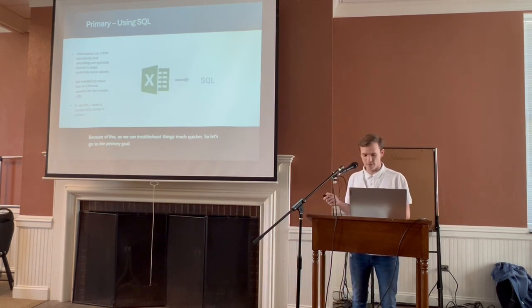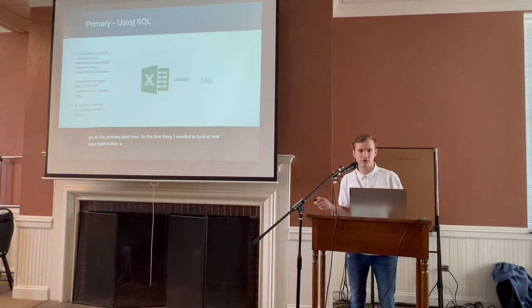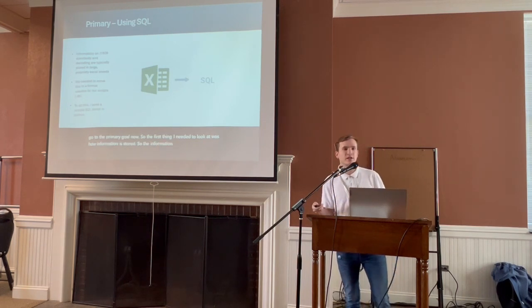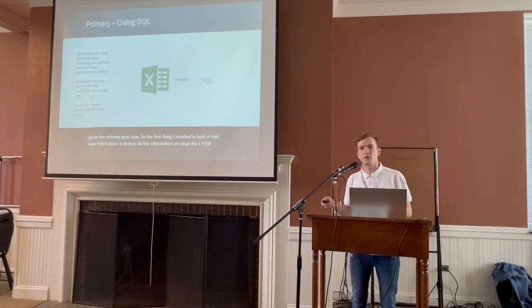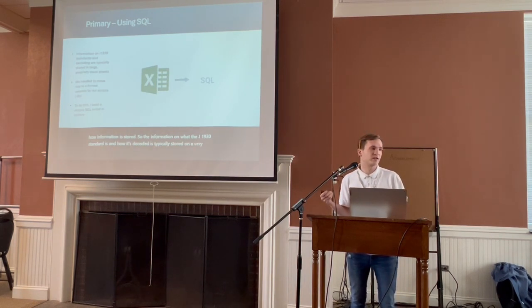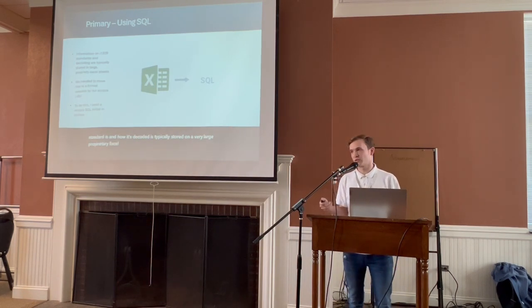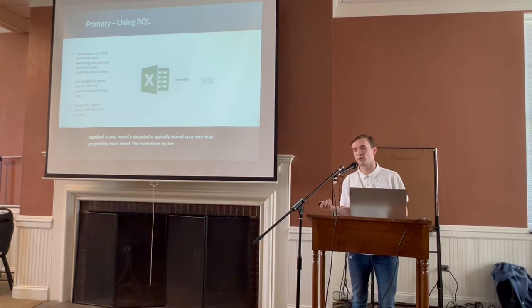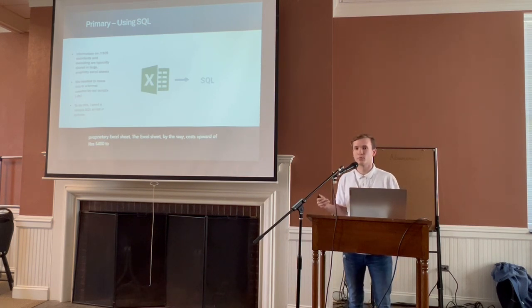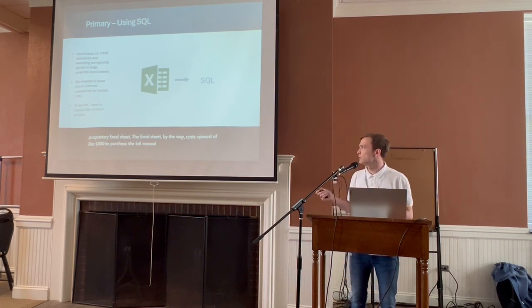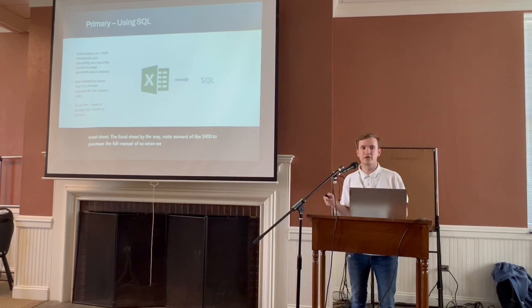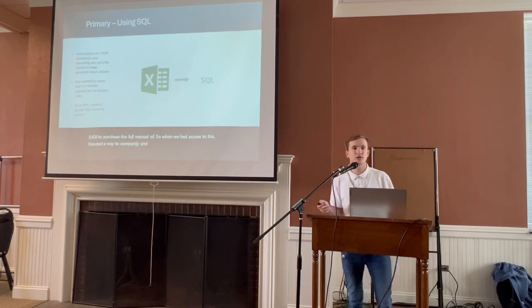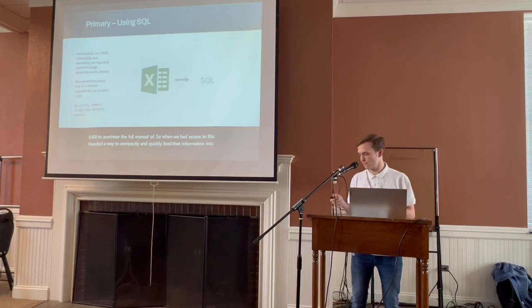So the first thing I needed to look at was how information is stored. The information on what the J1939 standard is and how it's decoded is typically stored on a very large proprietary Excel sheet. This Excel sheet, by the way, costs upward of like $400 to purchase the full manual of. So when we had access to this, we needed a way to compactly and quickly feed that information into our script system.